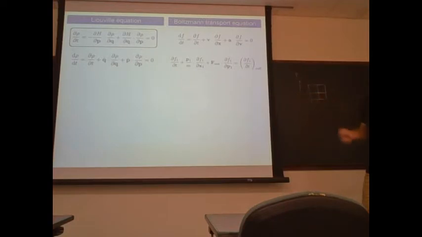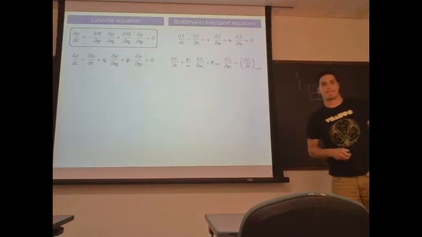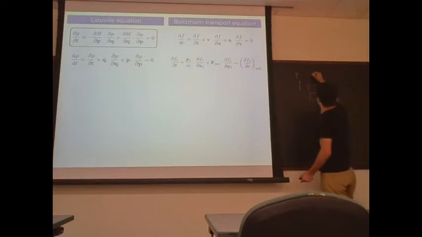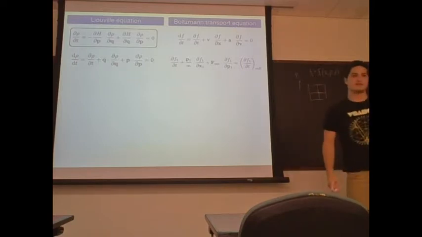Is that all okay for now? 1 for one body? Yes. What I should have written here is that f1 is a function of position and momentum, or velocity, so it's 6-dimensional.